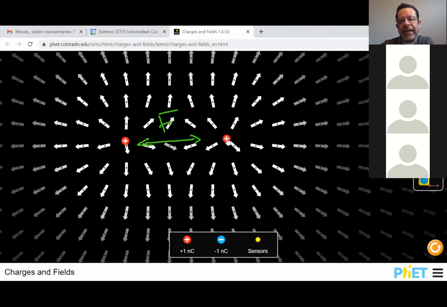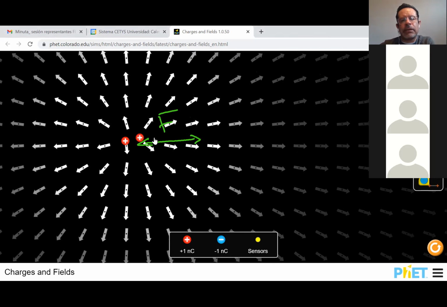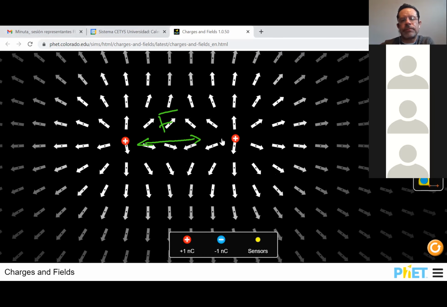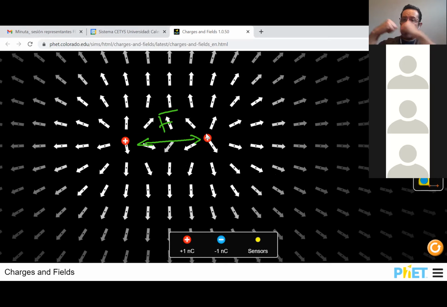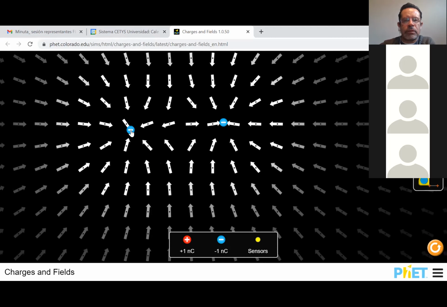What's the same is that whether I'm farther away or close, the strength of the force is still going to be proportional to the inverse of the distance, but it's going to be opposing. And lastly, if I grab two negative charges, what's happening with the interactions of the arrows there?